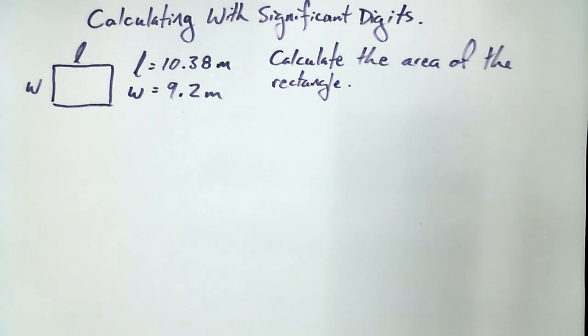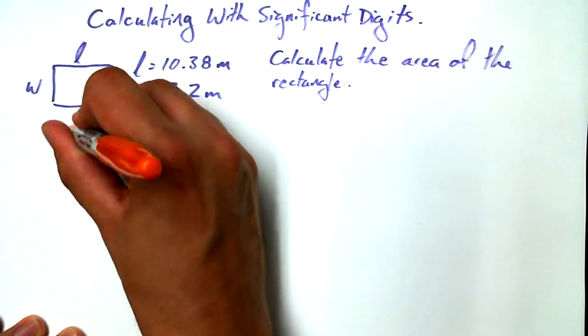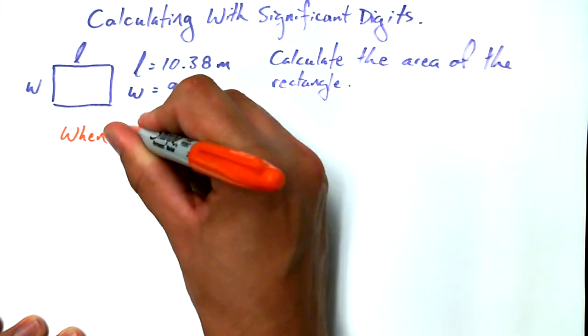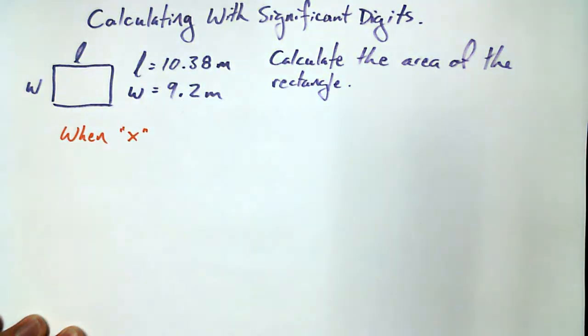And before we do, I want to tell you what the rule is for doing calculations with multiplication and division. Because the rule is the same for multiplication and division, so I'll just throw it out there all at once. So when, and I'll just write, that means multiplying.